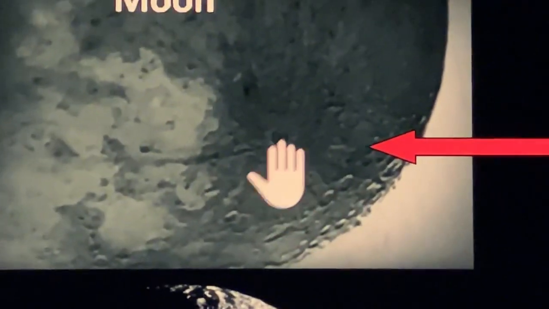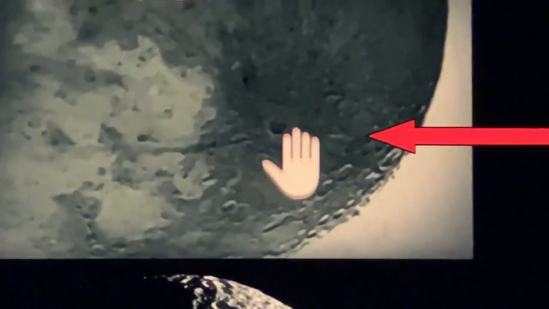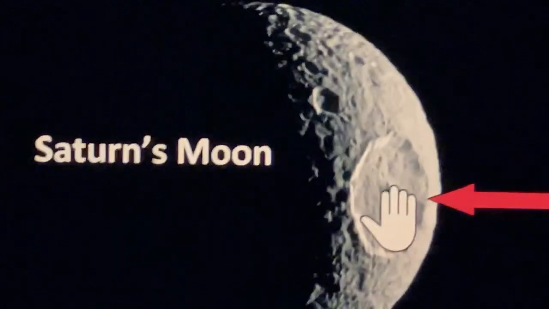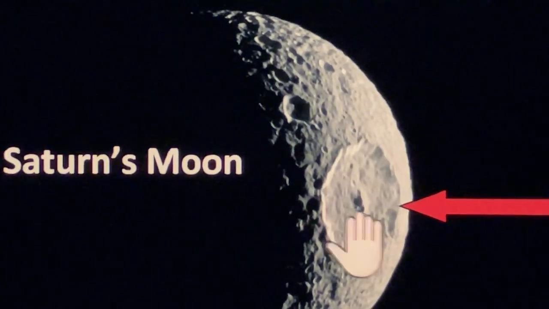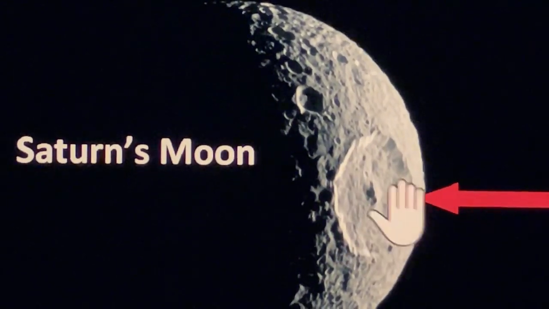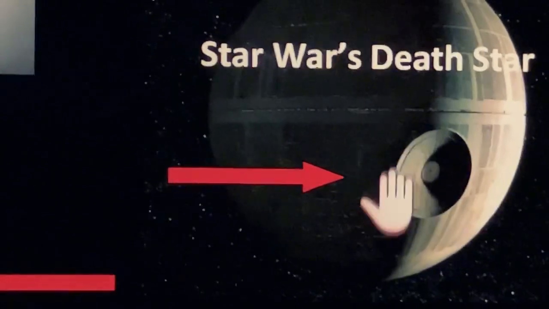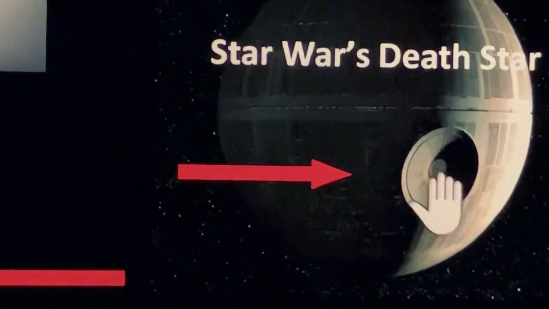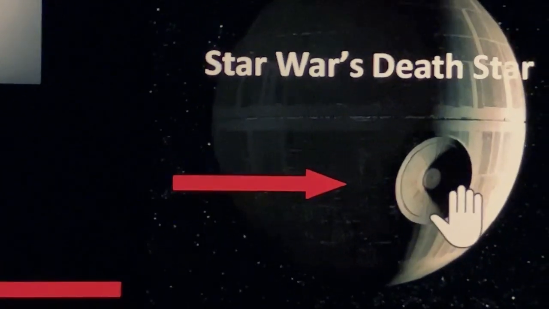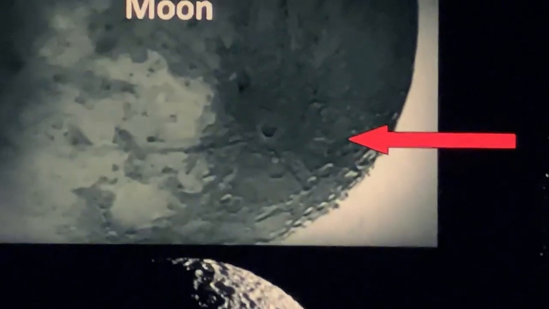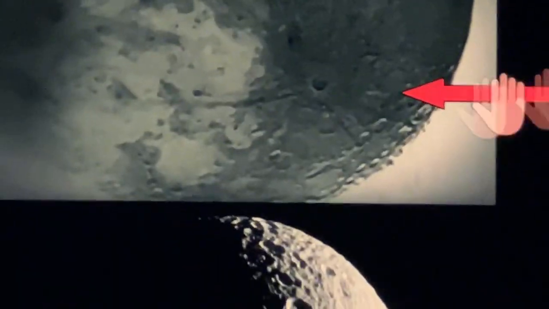Based on the diameter of this and this, it matches the same diameter of Saturn's moon. And it's got an indentation in it, which is called the Death Star. And the Star Wars Death Star, the same, with the indentation in it. I think they're all the same. I really think it's one and the same.